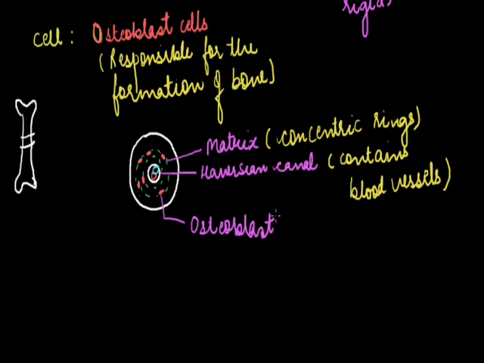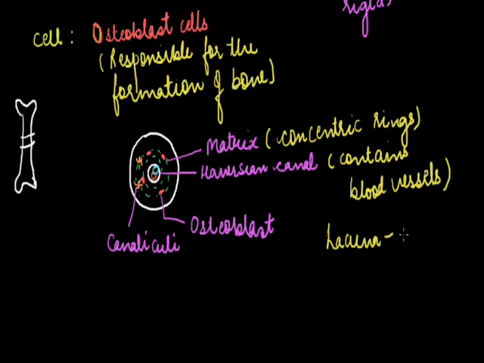Each of these osteoblasts has thin hair-like projections, which are called canaliculi. The point of the matrix where the bone cells are embedded is called lacuna.